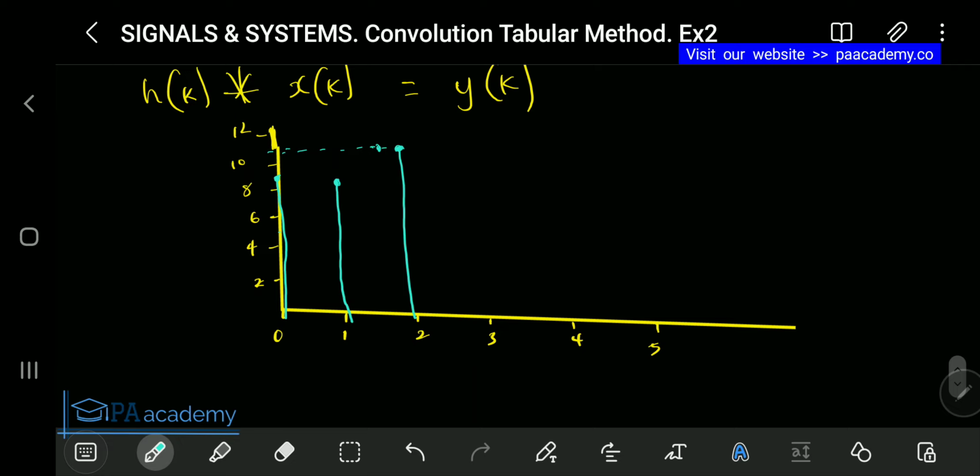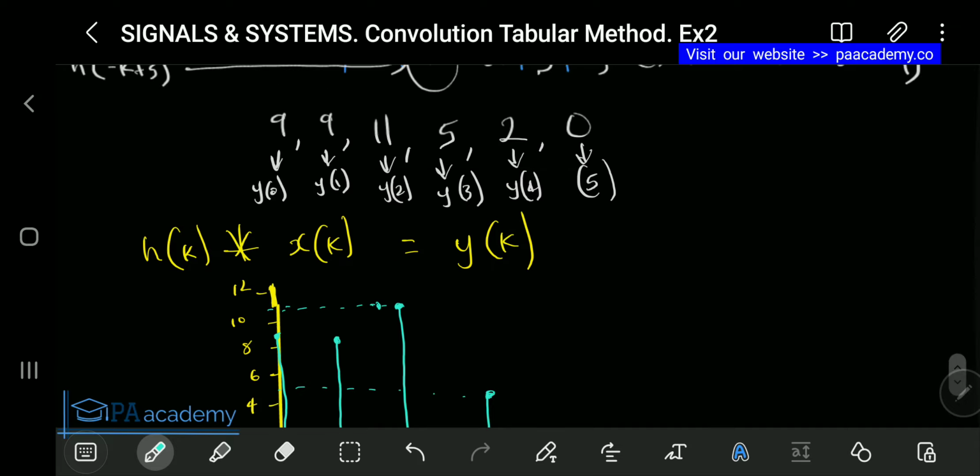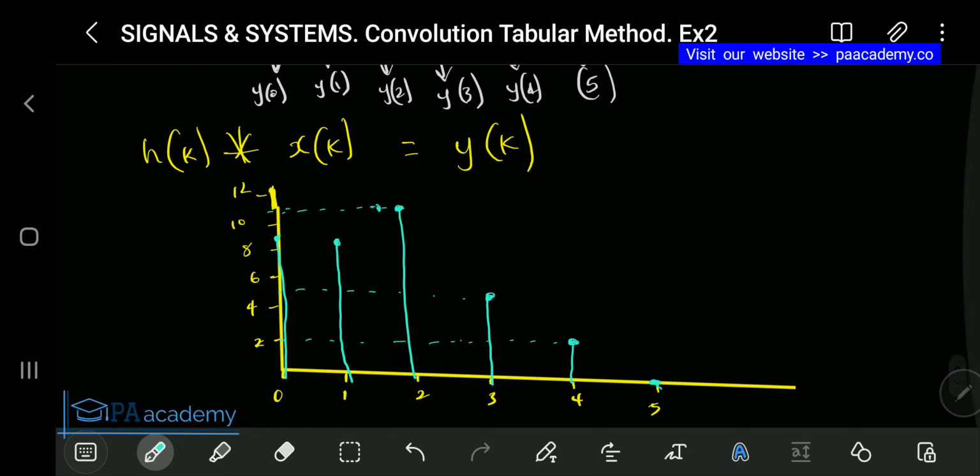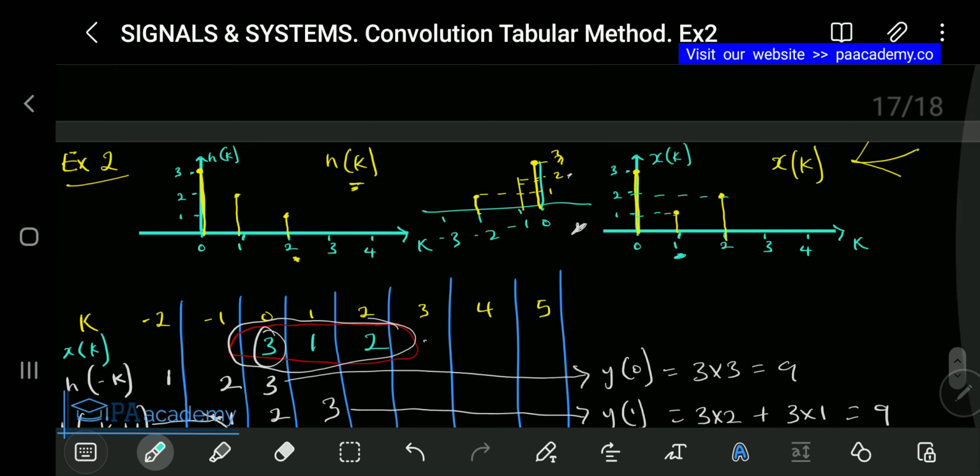So 5 should be somewhere here. And then for 4 it is 2. So this is 2. Then for 5, it's 0. So basically that's the solution to that question for this example 2.